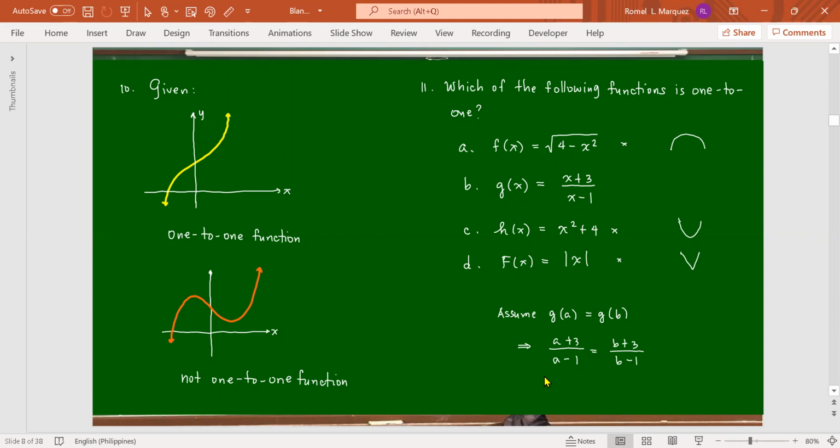Multiplying by the LCD, we have on the left side a plus 3 times b minus 1, on the right side a minus 1 times b plus 3. So this is ab minus a plus 3b minus 3, that is equal to ab plus 3a minus b minus 3.